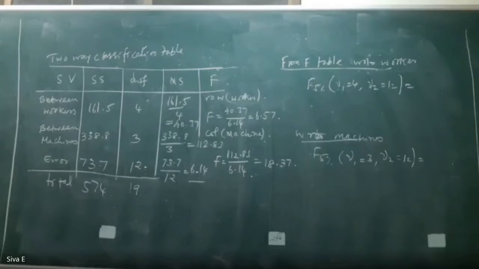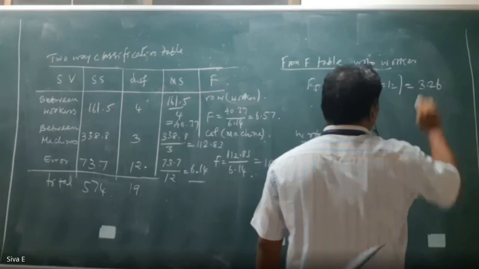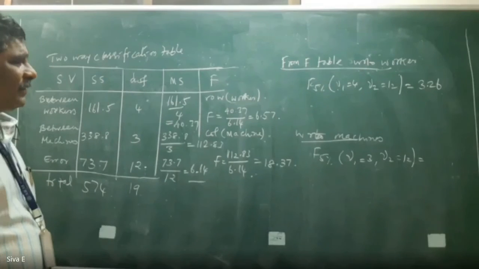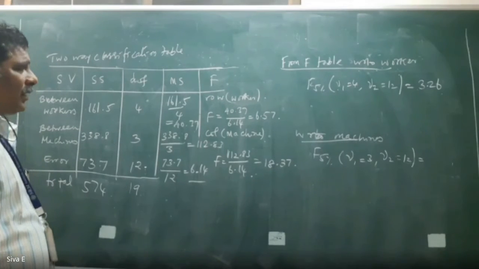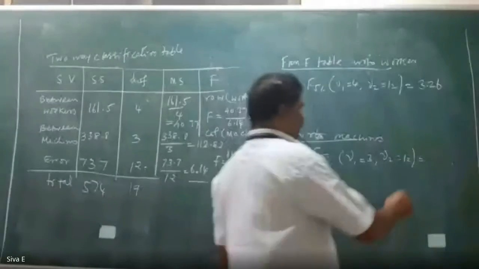With respect to workers, it's 3.26. With respect to machines, 3.49.